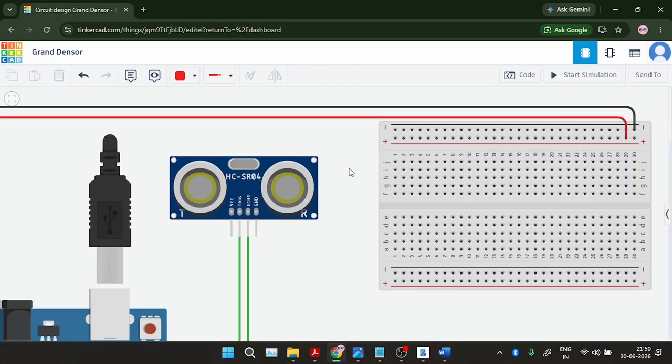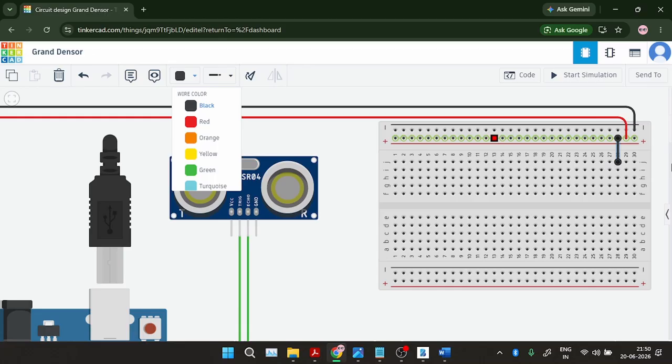Okay, so I've connected it in this way. So now what I can do is take a power supply pin from here. It's just completely aesthetics.